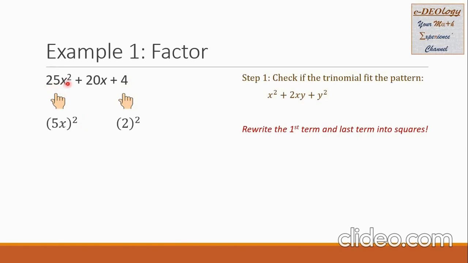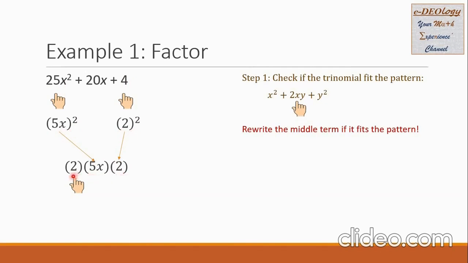So the 25x squared is now the square of 5x, and the number 4 is 2 squared.